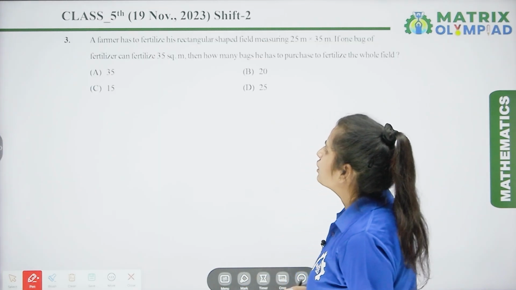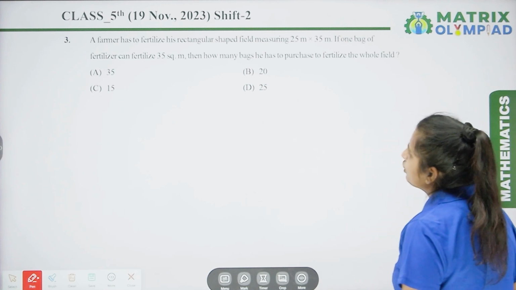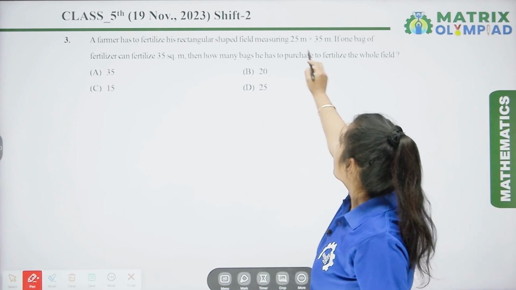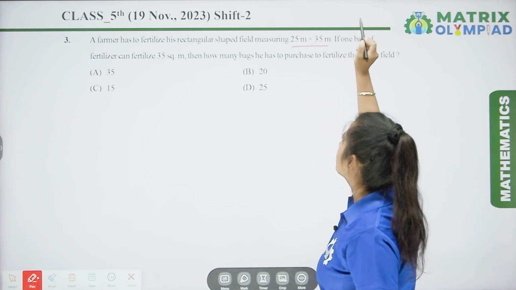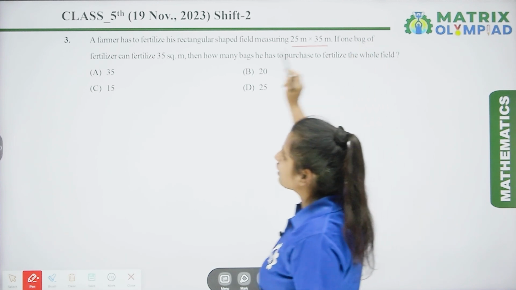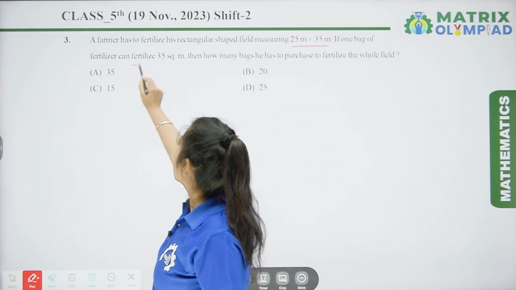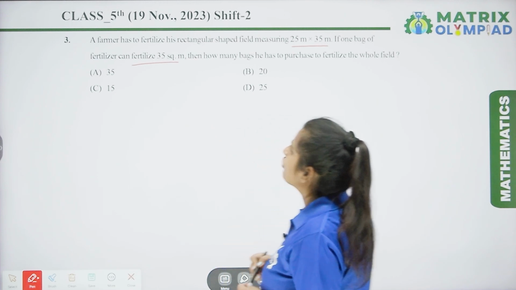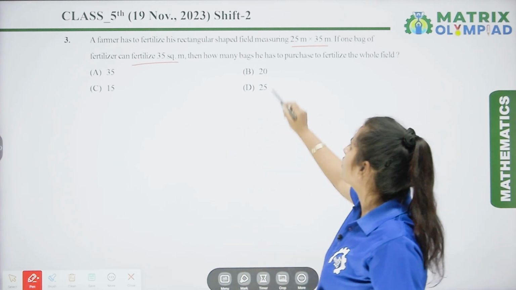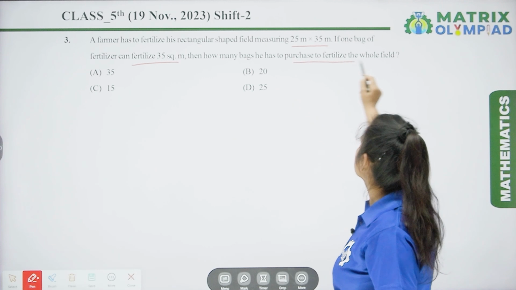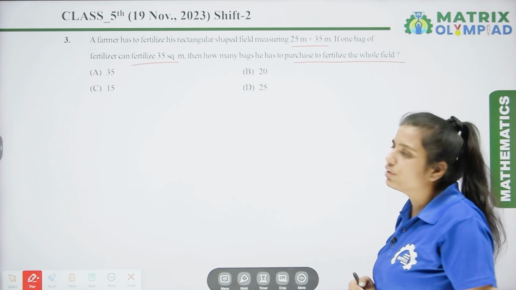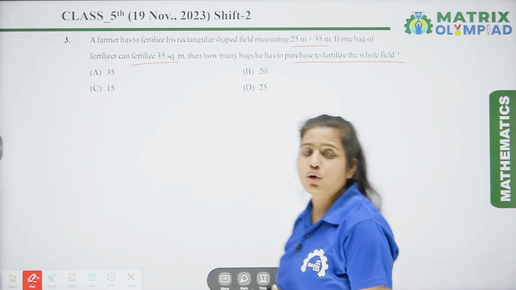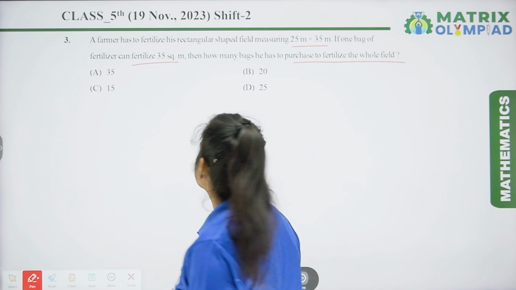A farmer has to fertilize his rectangular shaped field measuring 25 meter multiplied by 35 meter. If one bag of fertilizer can fertilize 35 square meter, then how many bags he has to purchase to fertilize the whole field? So we have to find out first the area of the field.